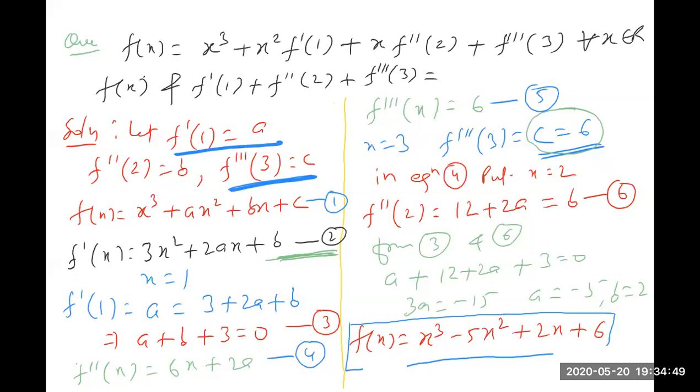Calculations you can check if by chance some mistake is there. For the second part, we need not find it directly. We can put the values: f dash 1, equation number 3, plus equation number 6, plus equation number 5. Just we will add and put the values of a, b, c.